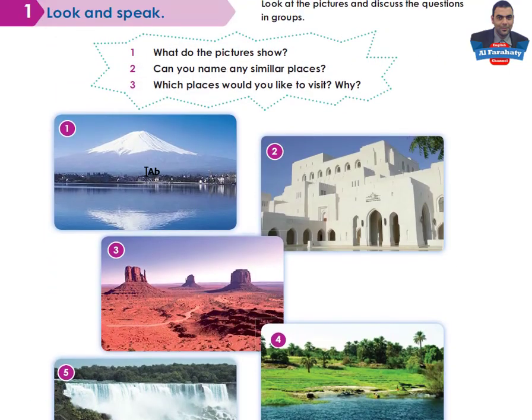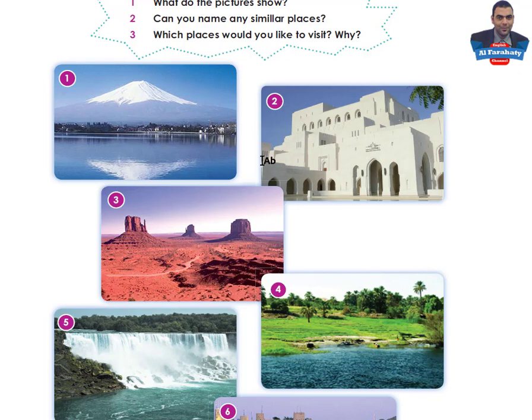Can you name any similar places like these places? Yes, in Oman there are so many places like these. Which places would you like to visit? Why? I leave these two questions so you can answer them as you like.